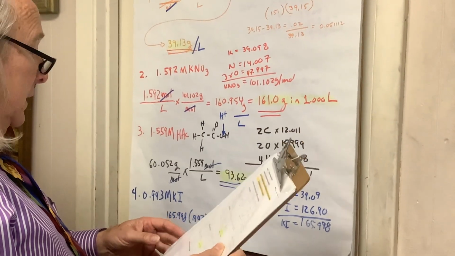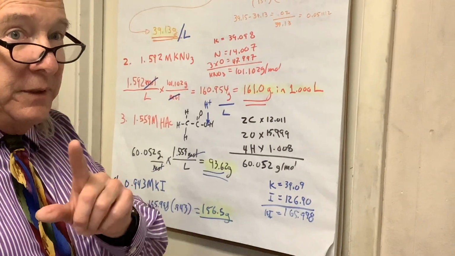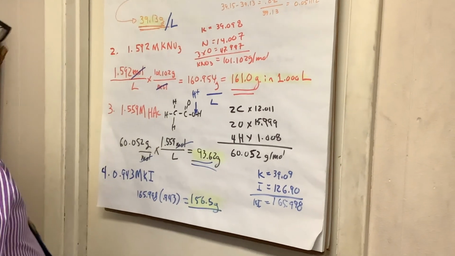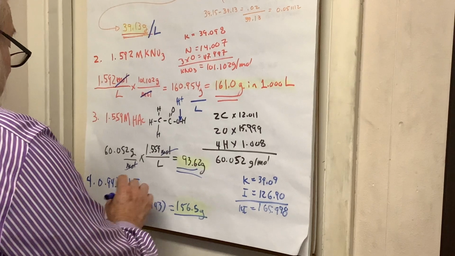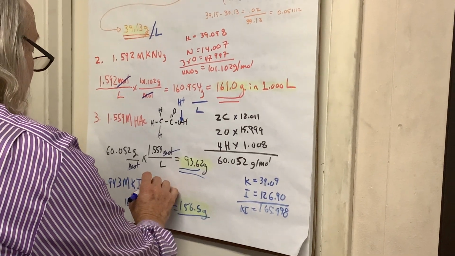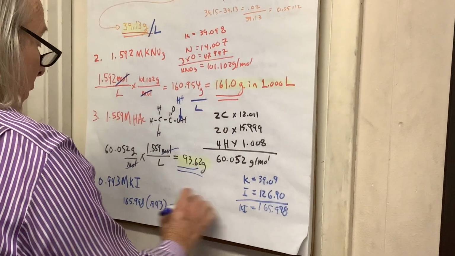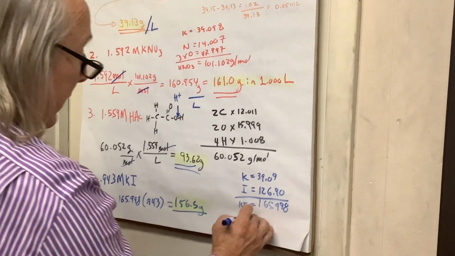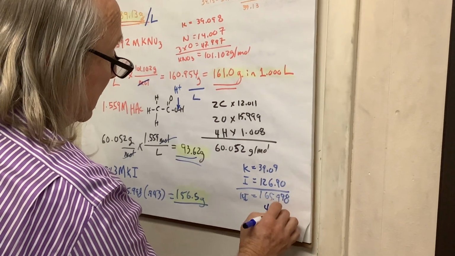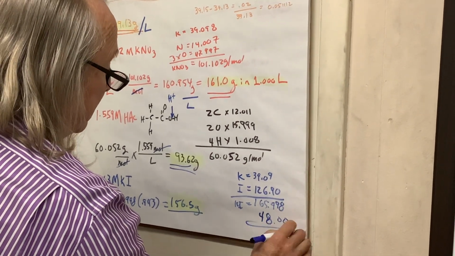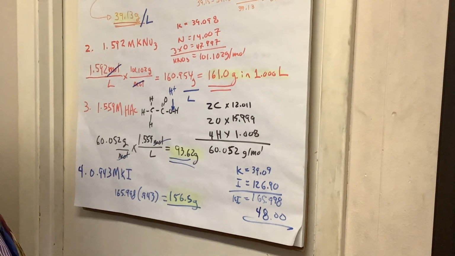Oops, I did this wrong. I did it for potassium iodide. I didn't read that properly. They want potassium iodate, KIO3. So this is wrong. I would need to add 48 to this from my oxygen.